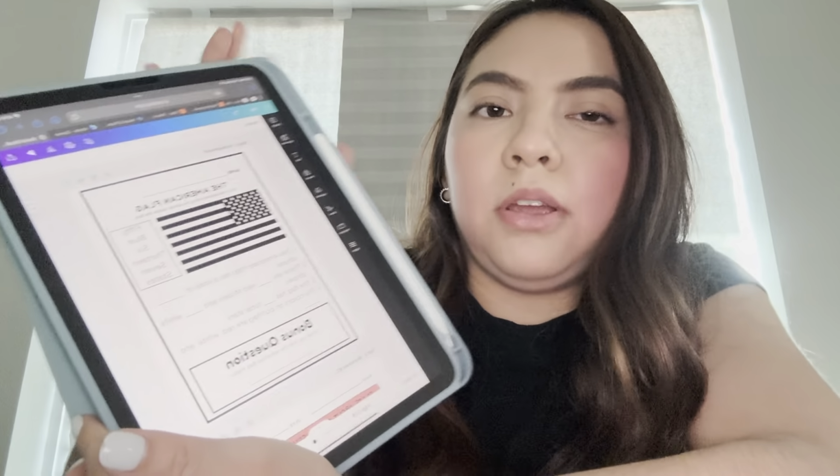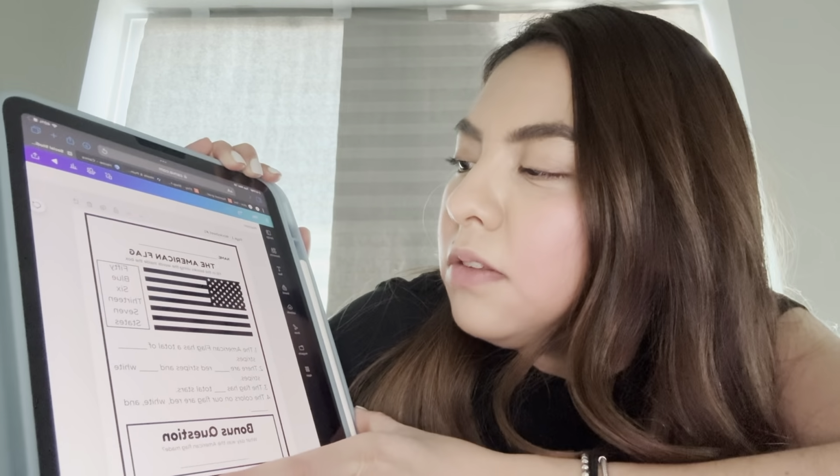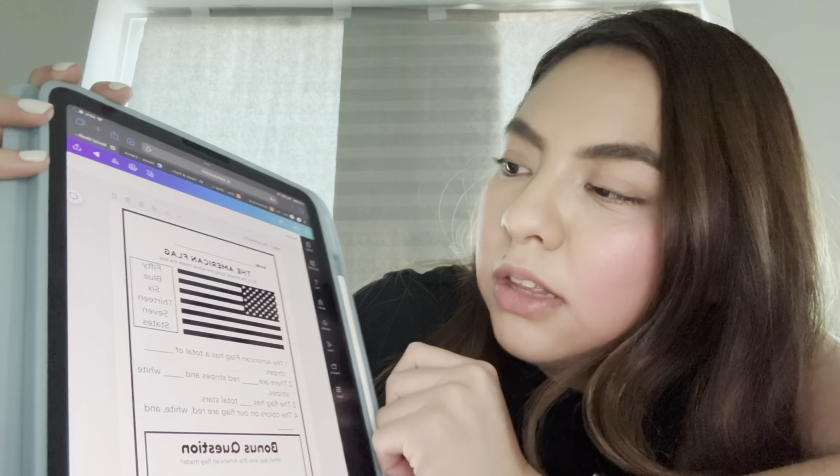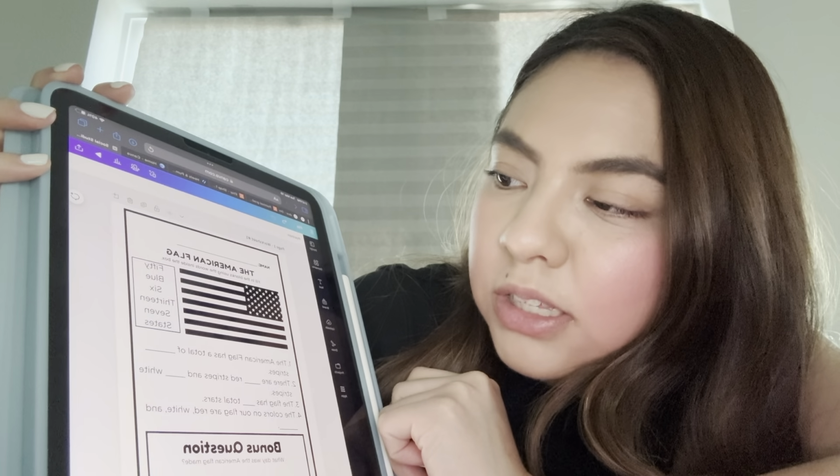So I had to create worksheets, task cards, and vocabulary terms, and I will attach them to this video. But I will also explain my worksheet number 1. It is called the American flag, and it says fill in the blanks using the words inside the box. The words inside the box are 50, blue, 6, 13, 7, and states.